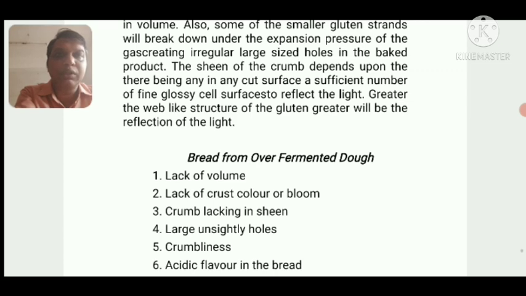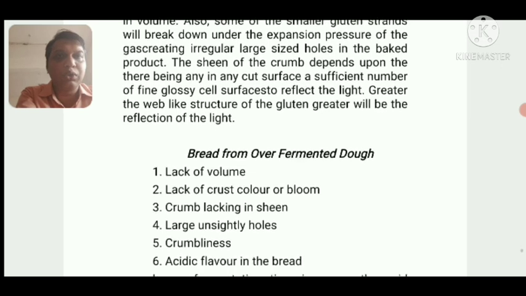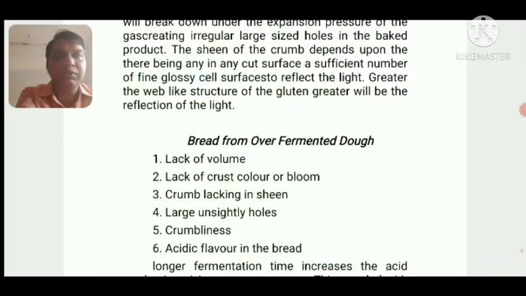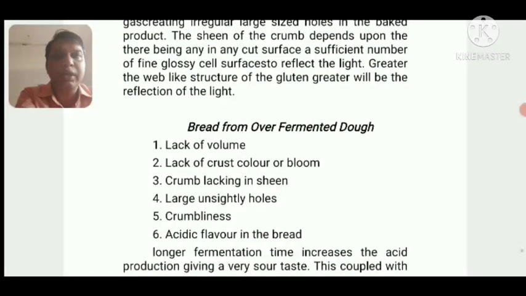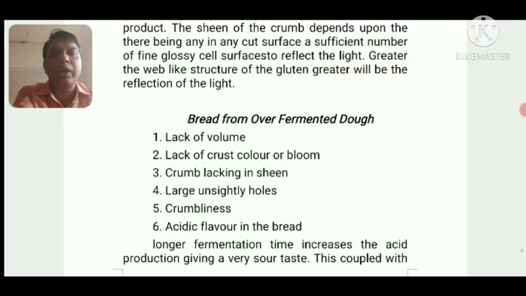Then definitely the gas which was created goes and makes a large hole. So that's why it is very much required that the breads get proper fermentation time, so that it can be easily fermented all around the area.